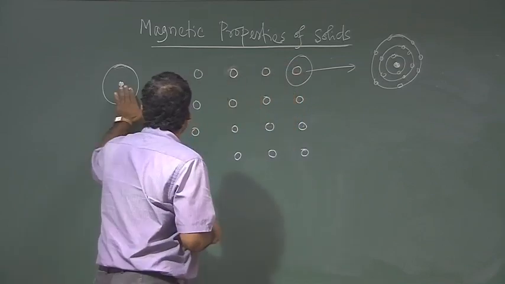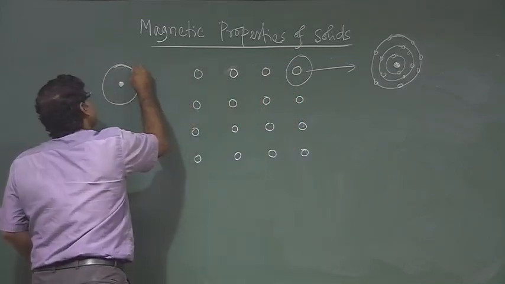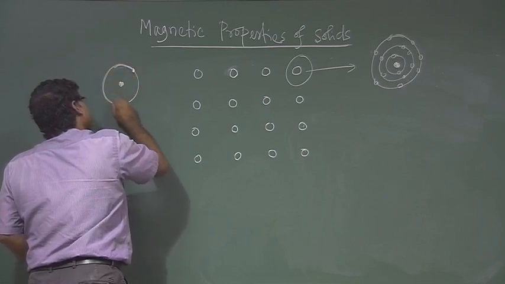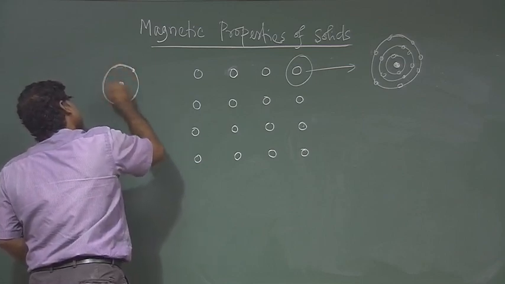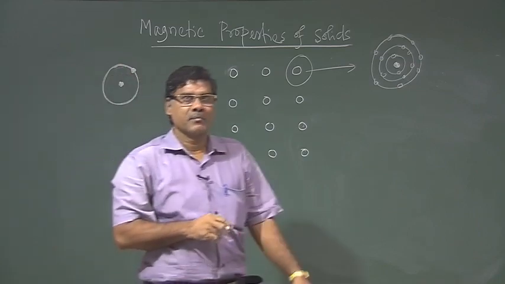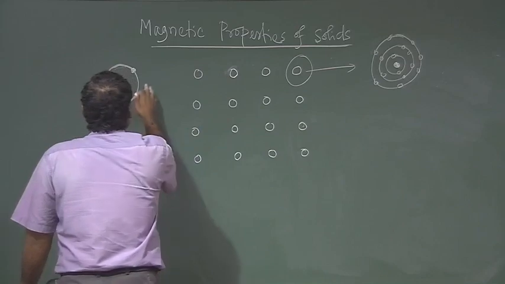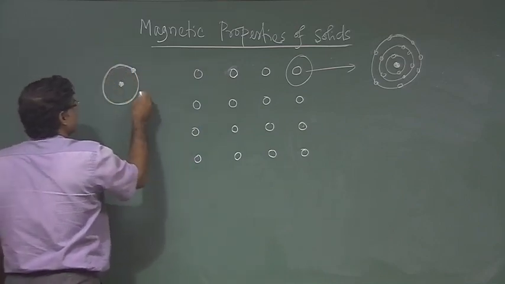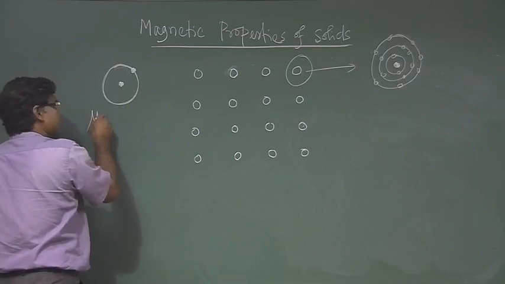So, due to the orbital motion of the electron, this will give a magnetic moment. The magnetic moment for this orbital electron, I am again writing mu.